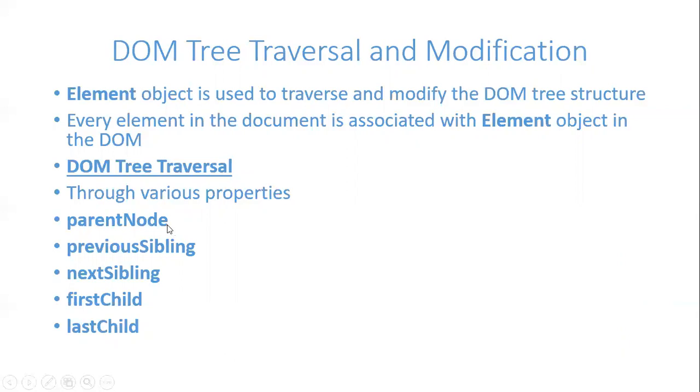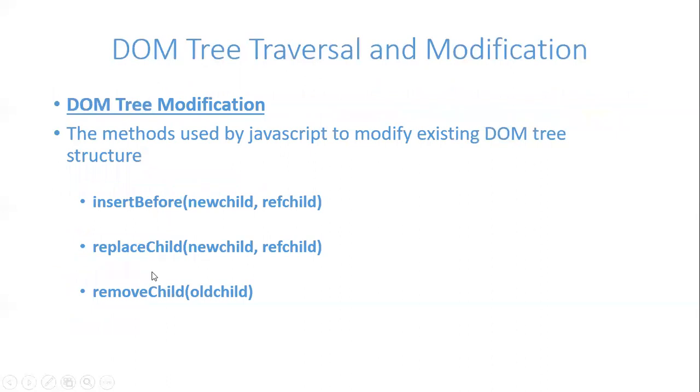It gives us the parent node, the previous node of the current node, the next node of the current node, the first child of the current node, and the last child of the current node. In this way, we can traverse. The points to remember here are the element object and these properties.